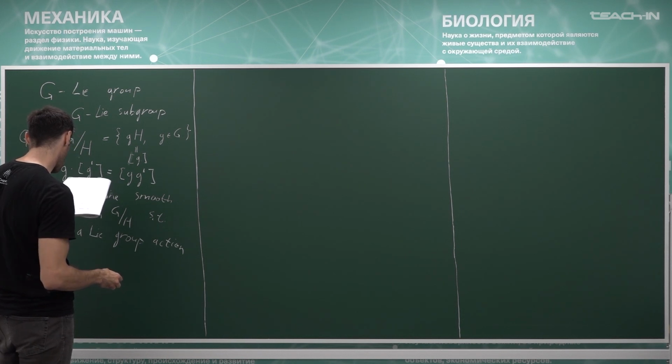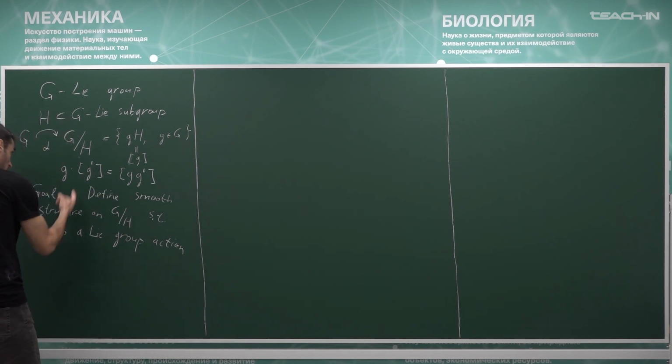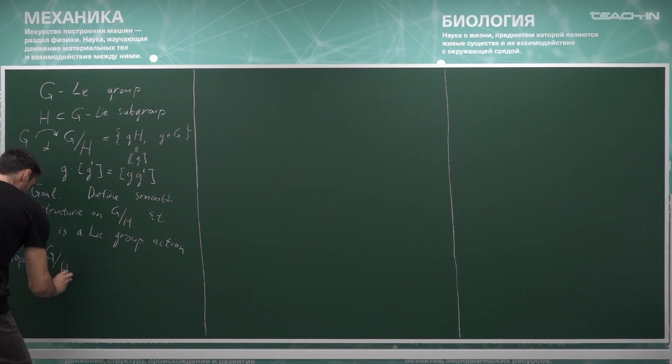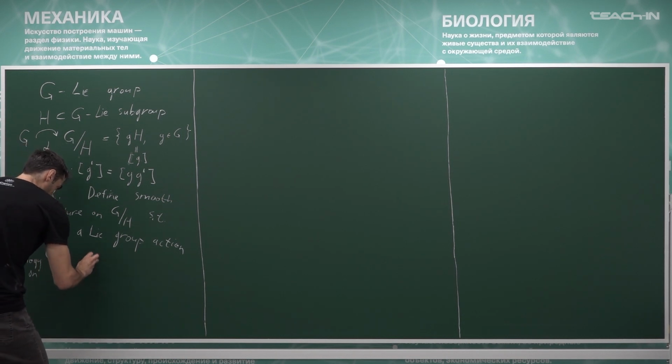So first about topology, right? We need to take some topology in here, and let's take the quotient topology. So the topology on G over H is the quotient topology.